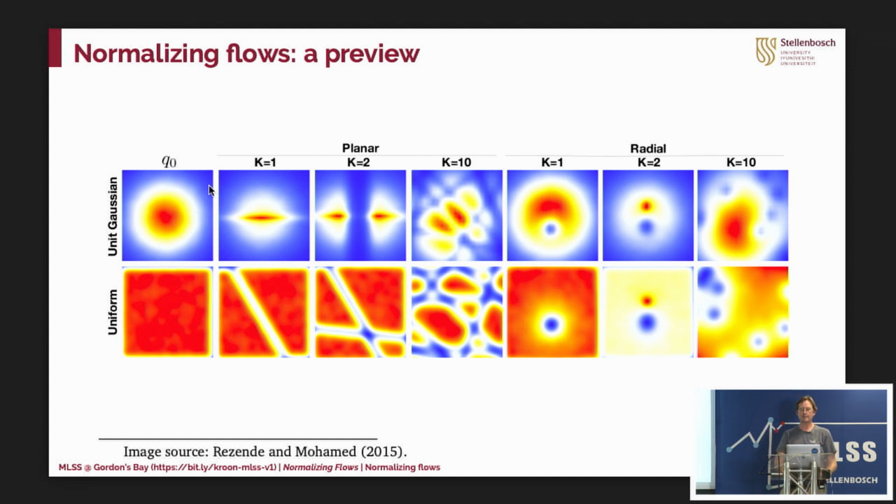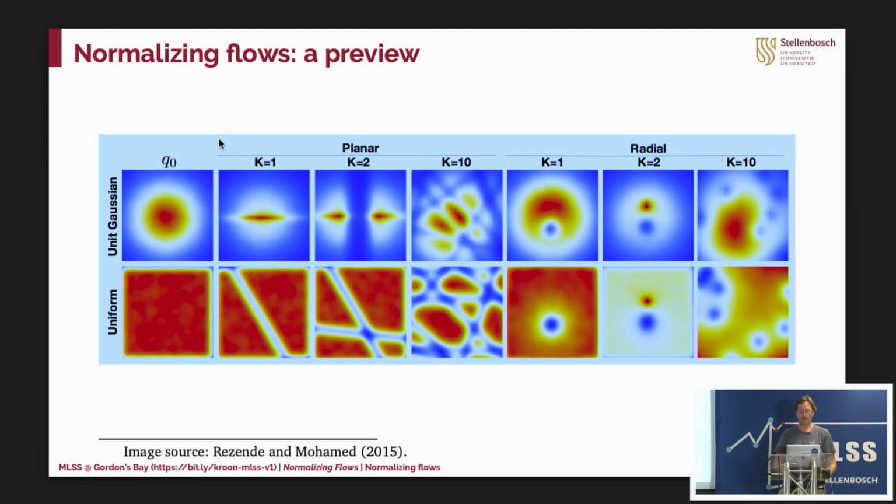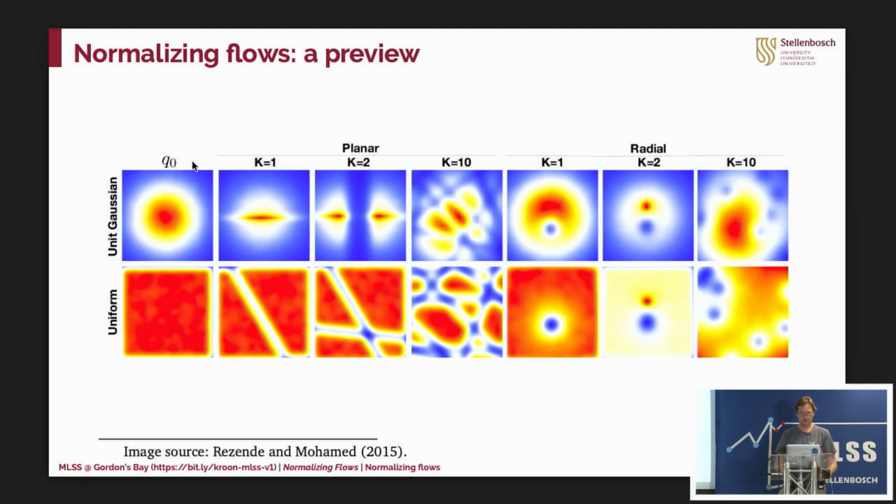If we take only 1 or 2 steps, we are only able to change this distribution a small amount. If we take many steps, we'll be able to change it more.